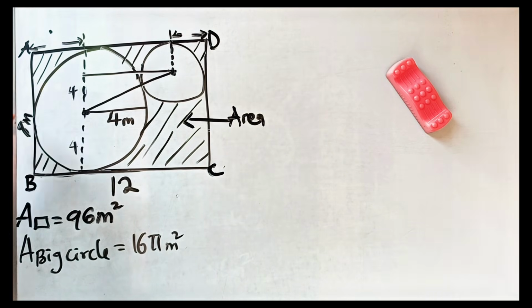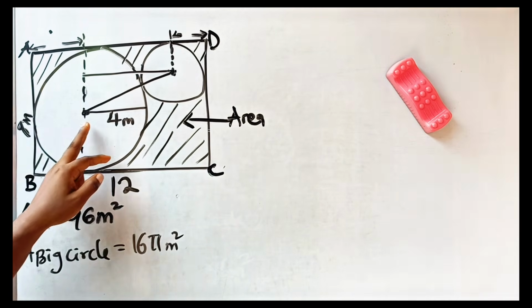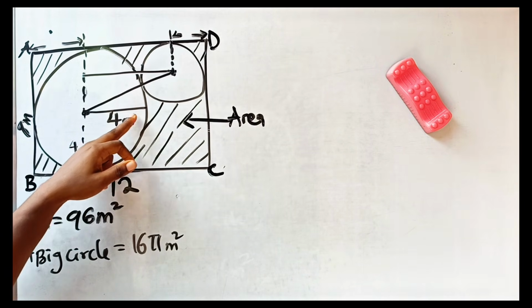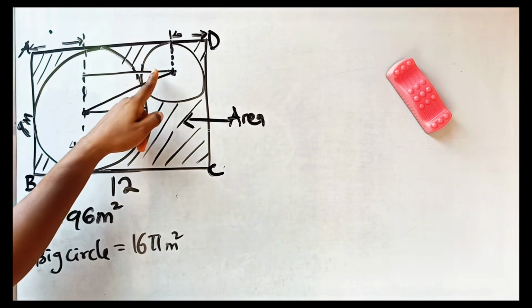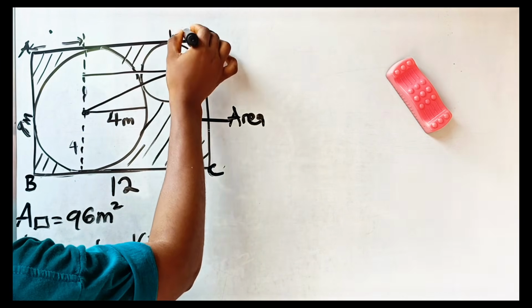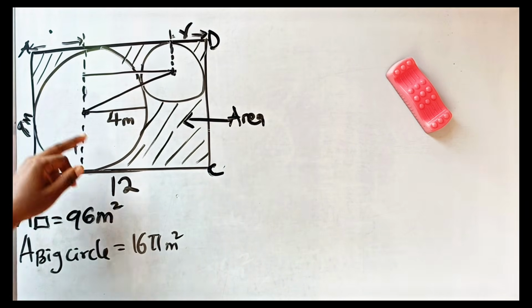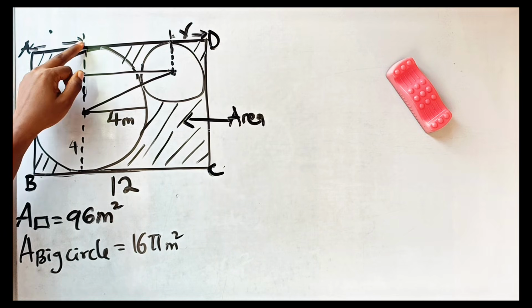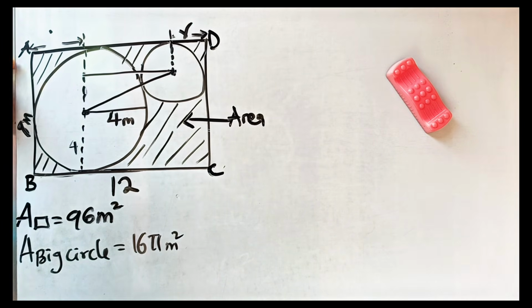Now looking at this, we know that from here to here is 4. From here to here is R, and from here to here is R. So this place is R. Now from here to here is 4, so from here to here should be 4 as well.